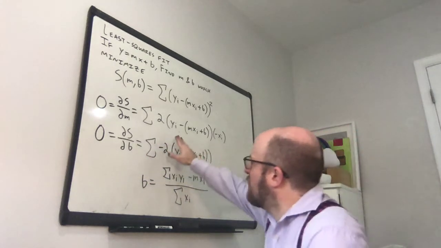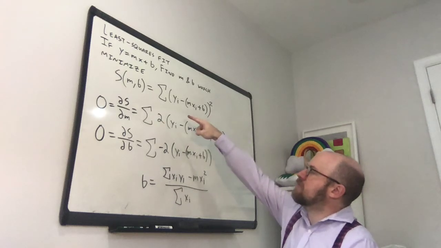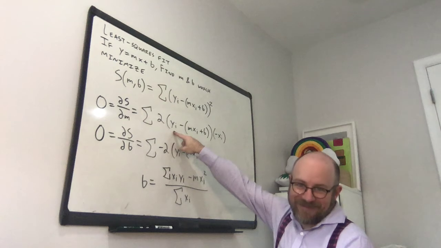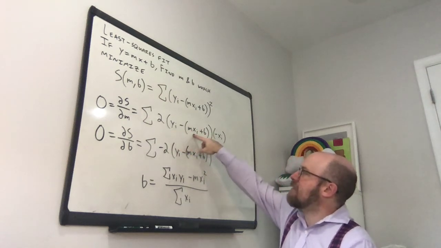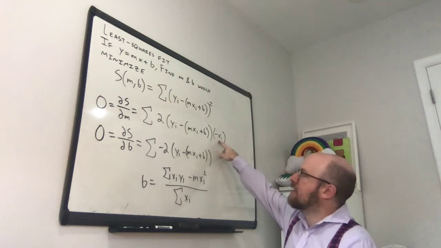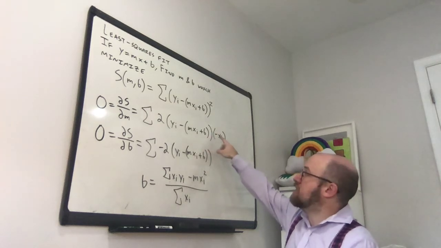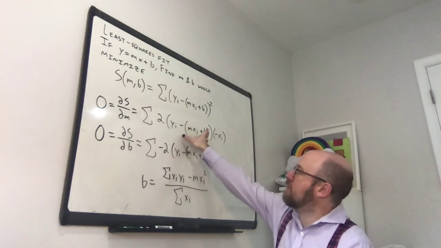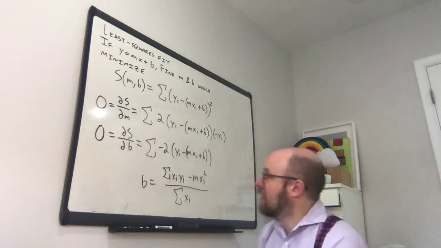So if we take the derivative with respect to m, you can see the 2 comes down to the front. The derivative of yi is 0 because it doesn't have any m's in it. The derivative of negative mxi is negative xi. The derivative of negative b is 0. And so we just get 2 times all of this on the inside times negative xi by the chain rule.